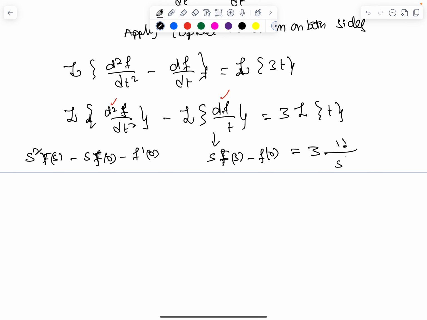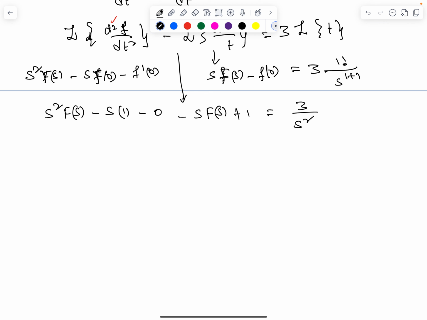Here t is t power 1, so 1 factorial divided by s power 1 plus 1, since n is 1. And also s square F of s minus s into f of 0; f of 0 is 1 and f prime of 0 is 0, and since there is a minus sign, minus s into F of s.